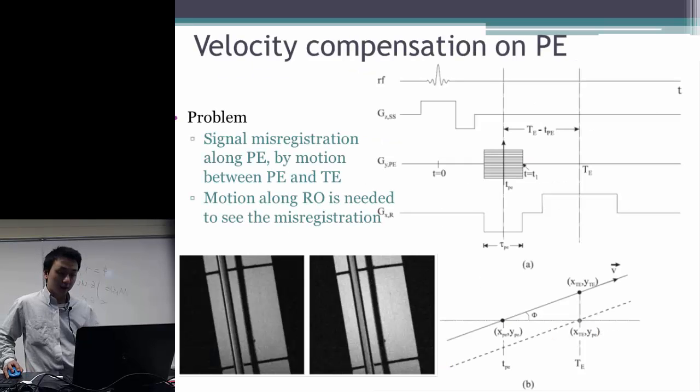Okay, so this is the velocity compensation on the phase encoding. If there is no compensation on the phase encoding, what would happen? Let's take a look at the phase encoding. Usually we play out the phase encoding in a phase encoding table.